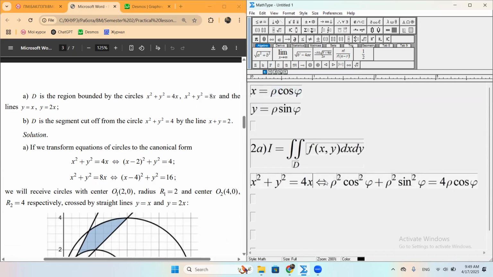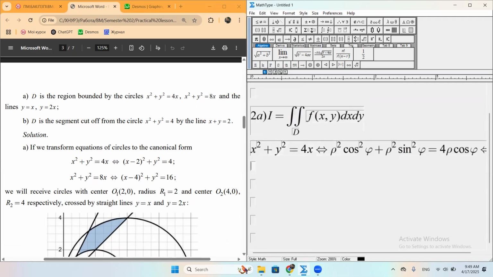Now we will simplify it. So rho square equals 4 rho cosine of phi. Then rho equals 4 cosine of phi.